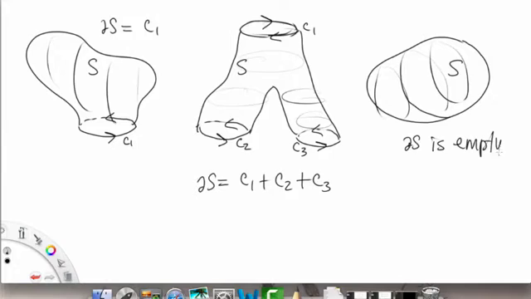It doesn't end at a certain curve like a circle and go to the outside, to the air or anything. Here there's no way out, basically. So the boundary is empty.